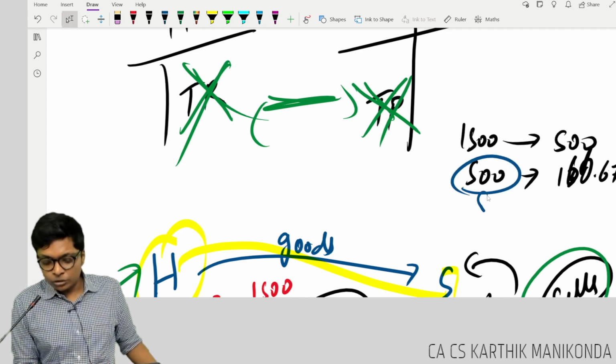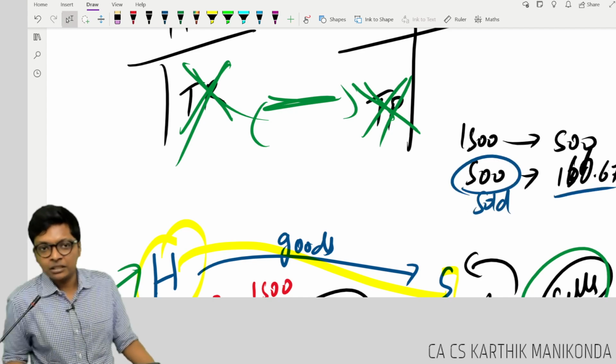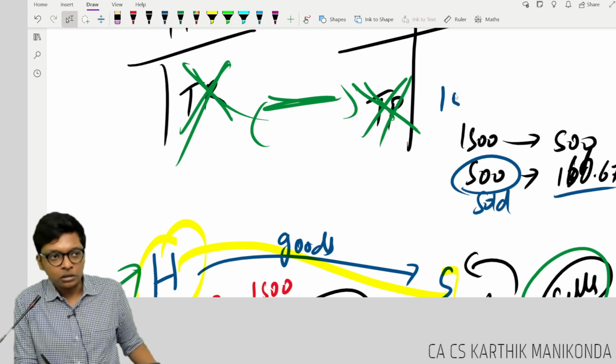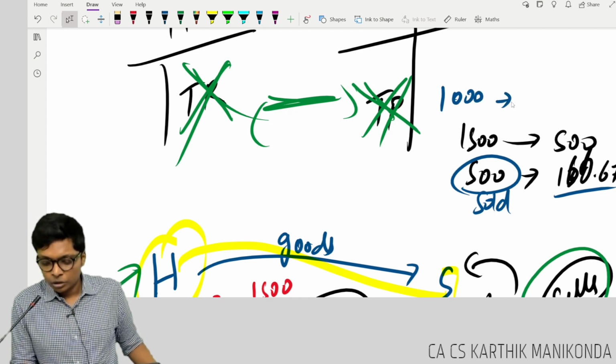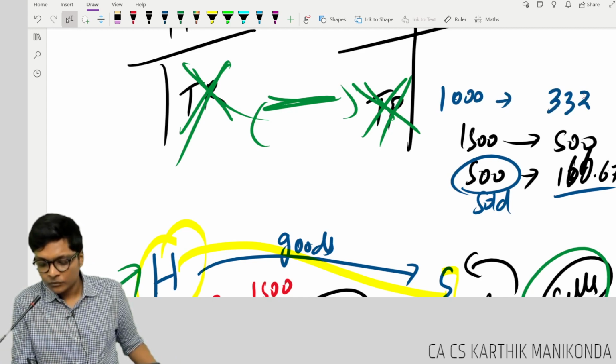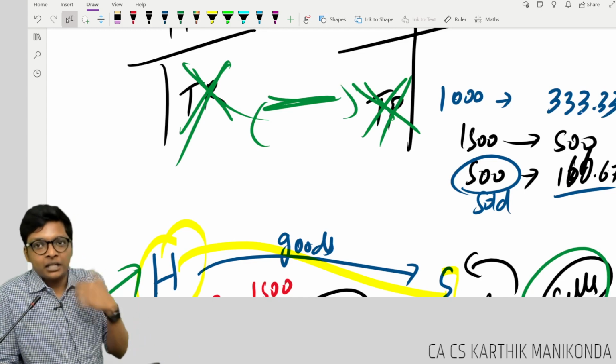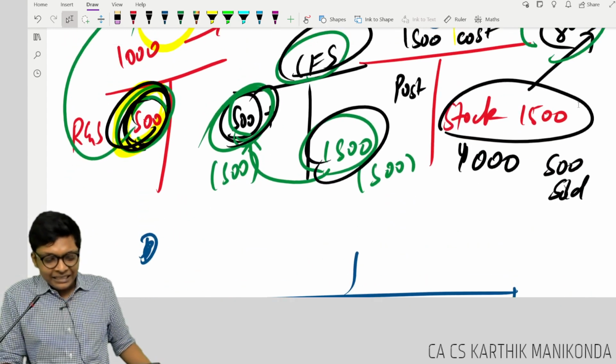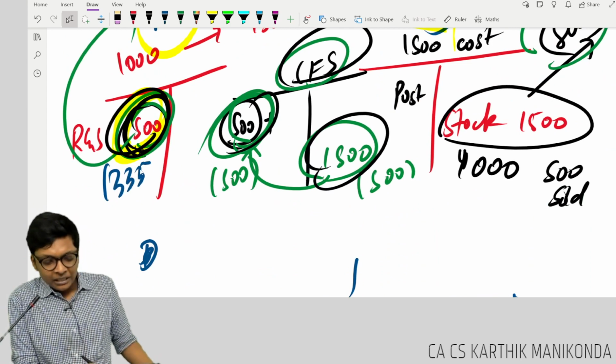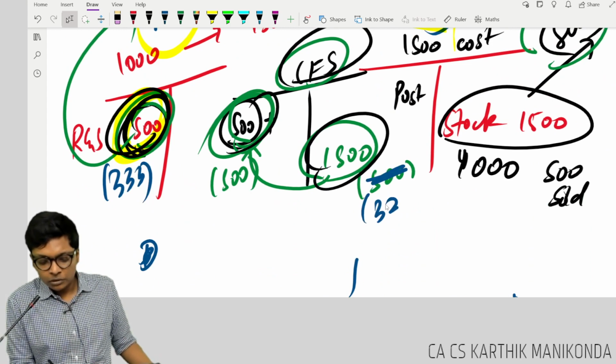So 500 is sold, so 166 is sold. So what is unsold stock? 1000. So it will be 333.33, which is the unrealized profit. Are you following, guys? That unrealized profit I will reduce from reserves and reduce from stock.